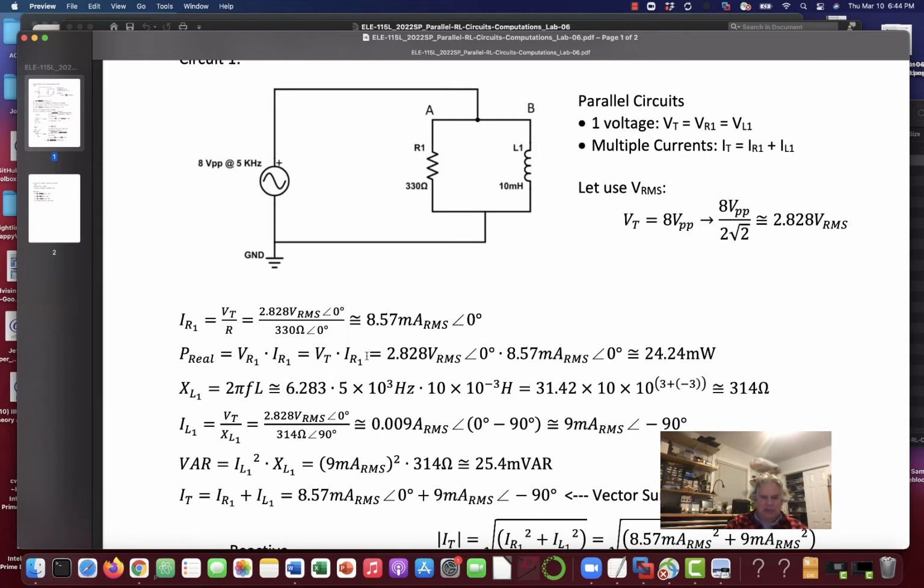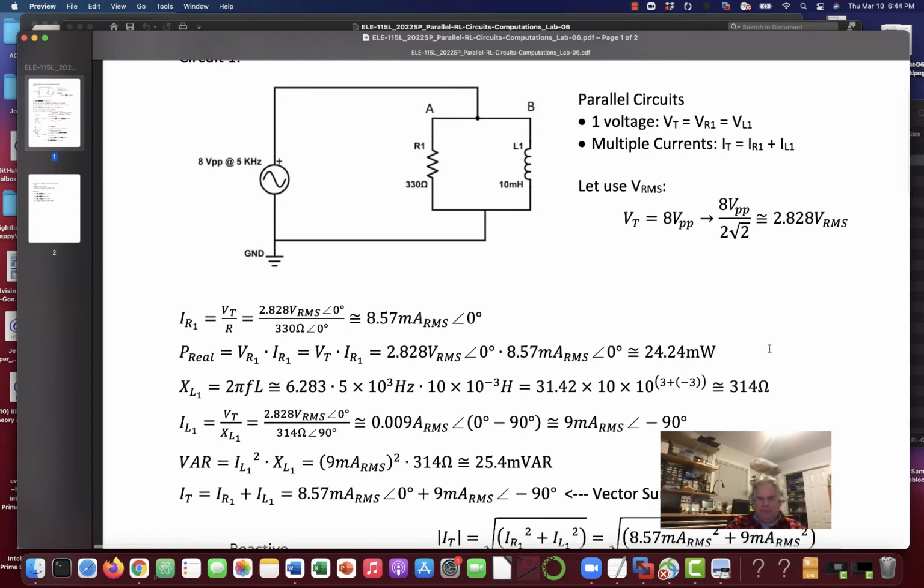So V total times IR1 equals 2.828 volts RMS at 0 times 8.57 milliamps RMS at 0. And so a couple of voltage times the current, both at 0, is just going to give us straight watts, although this is milliamps. So we wind up with 24.24 milliwatts of real power.